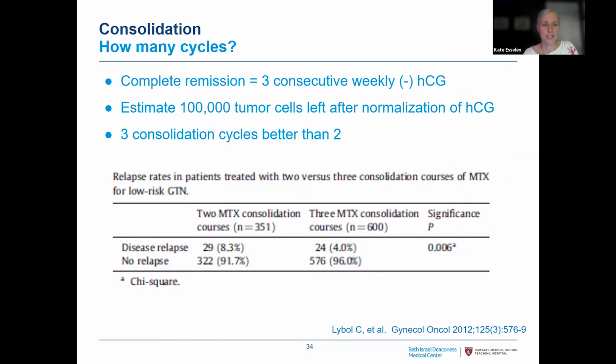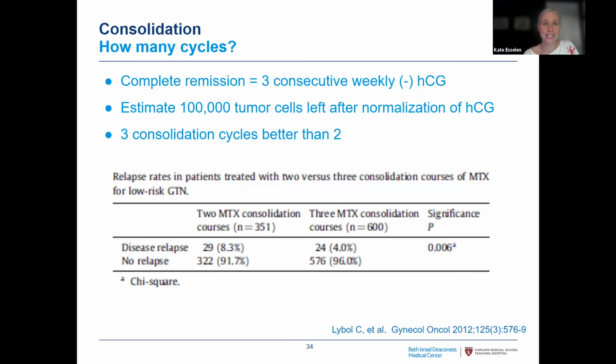Again, as I mentioned, complete remission means you have at least 3 consecutive weekly HCGs that are less than assay or normal. However, even at this point, we think there are probably at least 100,000 tumor cells left, even though the HCG is normal. That's why we recommend consolidation treatment cycles. There was one study that compared the difference between 2 and 3, which is very helpful to me in counseling patients because it gives numbers and puts in perspective that extra 2 weeks of treatment.